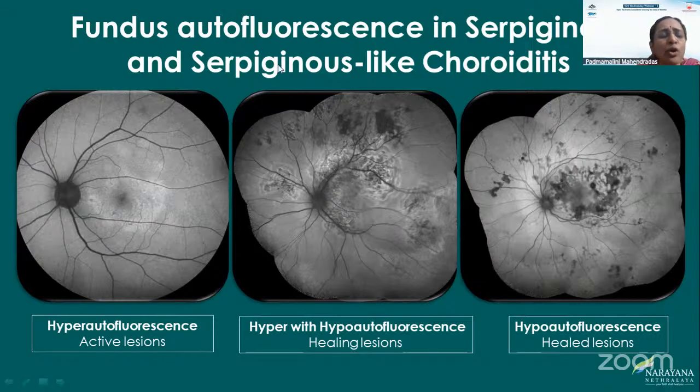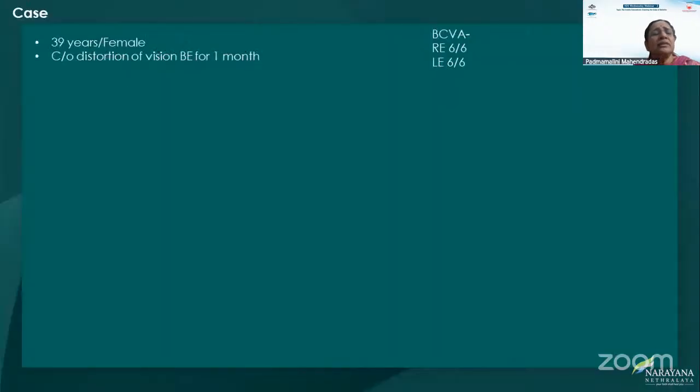Here, hyperautofluorescence is suggestive of an active lesion. When the lesion starts healing, we have hyperautofluorescence with hypoautofluorescence. When the lesion is completely healed, we have complete hypoautofluorescence indicative of a healed lesion. So this is the pattern we commonly see in the case of serpiginous-like choroiditis.